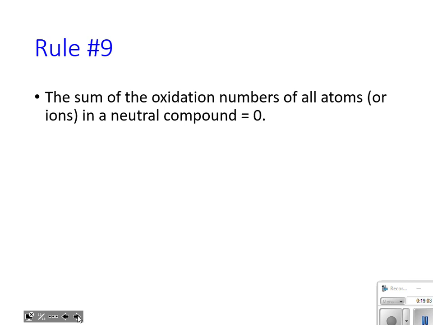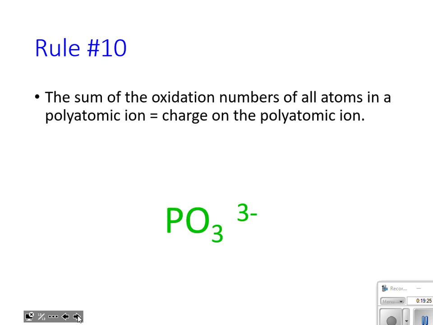Rule number 9 states that the sum of the oxidation numbers of all atoms or ions in a neutral compound is 0. And rule number 10 states that the sum of the oxidation numbers of all atoms in a polyatomic ion is equal to the charge of the polyatomic ion.